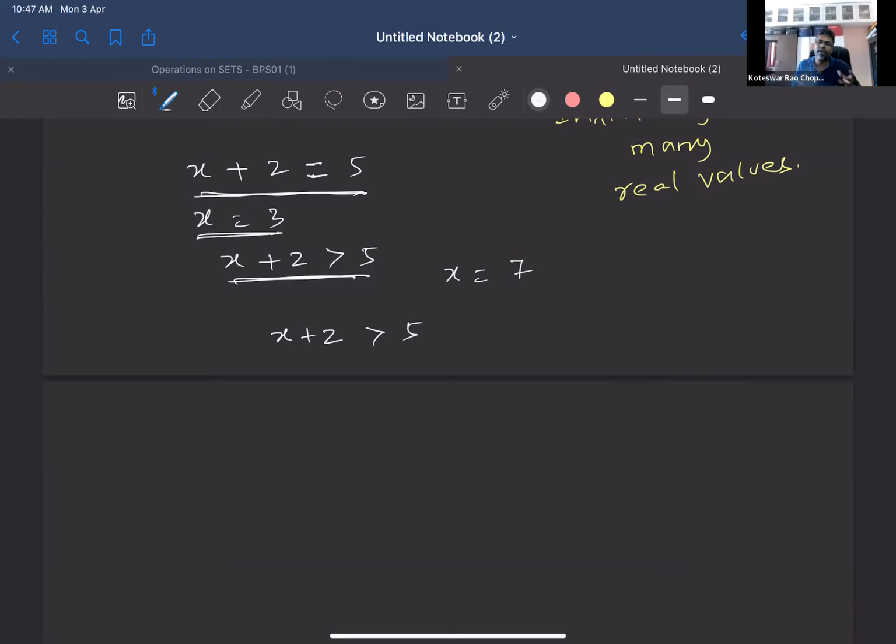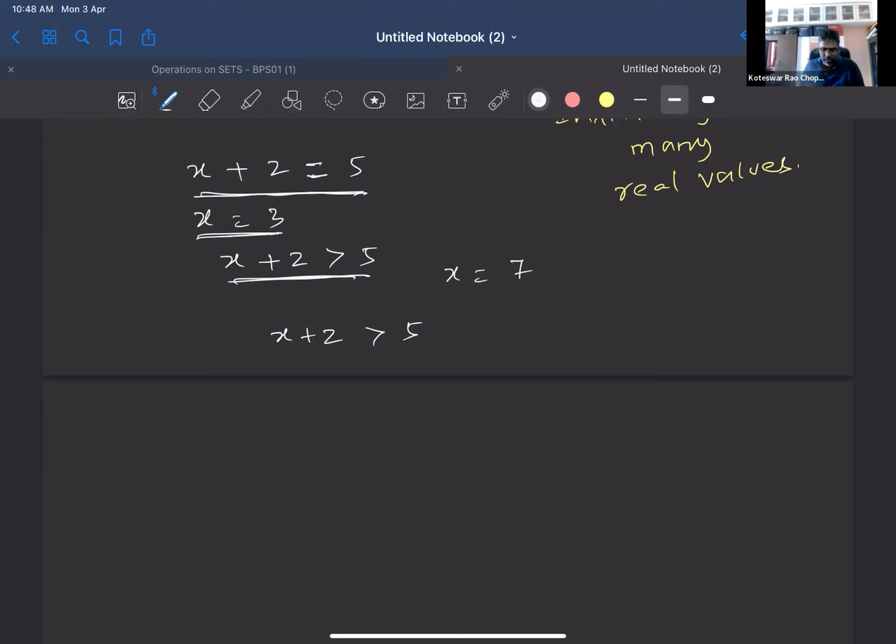If I subtract something from both sides, the sign will remain the same. Do you guys understand? What you do in an equation, in an inequality also, the inequality will remain the same when you add the same quantity on both sides, or you subtract the same quantity on both sides.